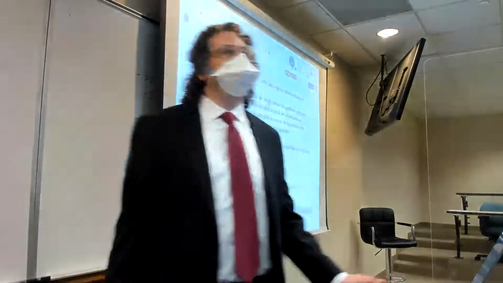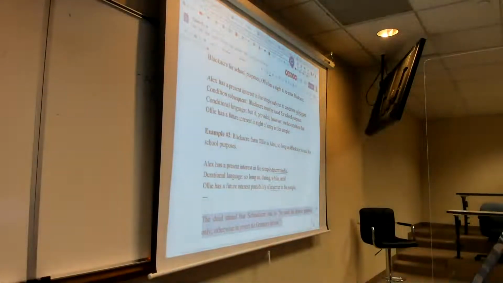Daniel. Just a question about language. If you were to say, for example, Blackacre from Ollie to Alex if Alex uses Blackacre for school purposes, what would that be? That's actually a harder question.